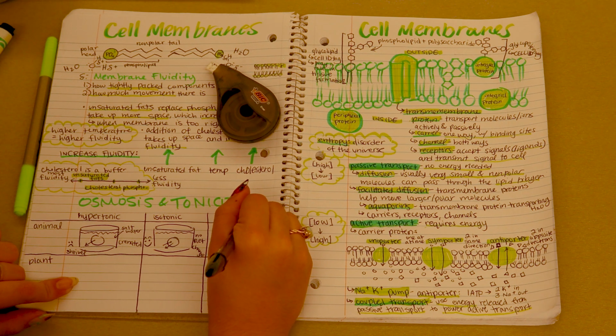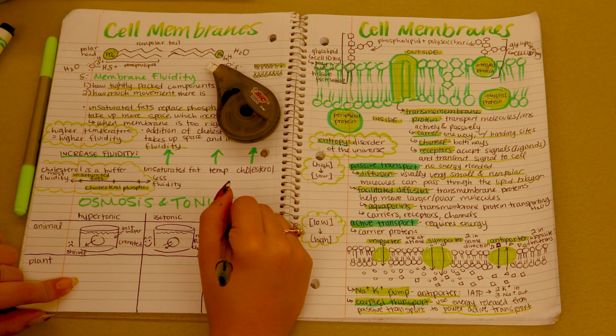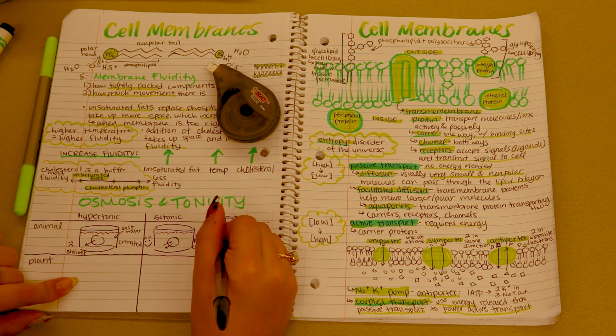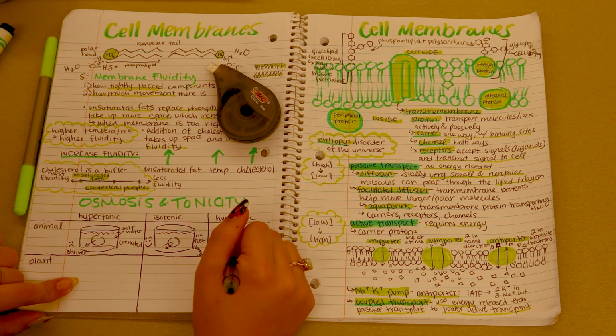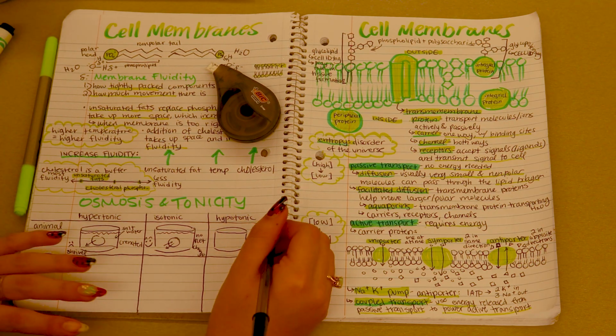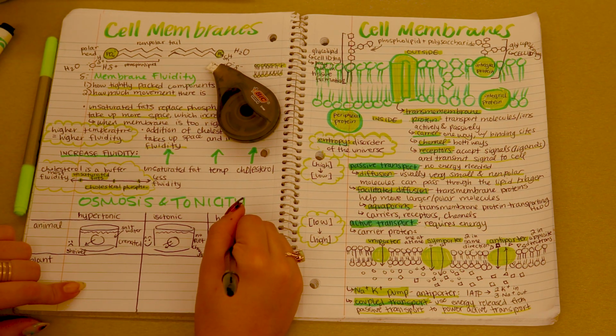But hypotonic is the opposite. Like hypoglycemia, which I think is low blood sugar or something. The idea is there's not enough, there's less. Hypoactivity would be being lethargic and tired.